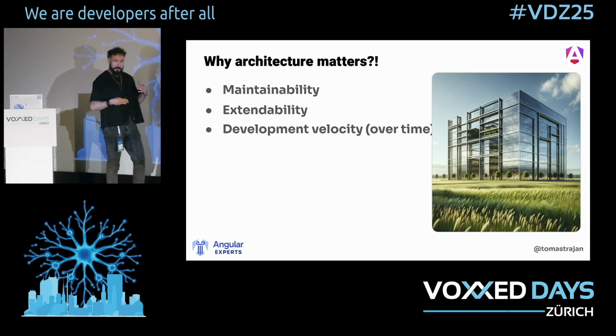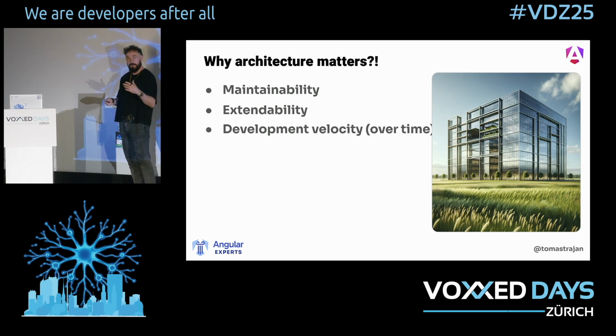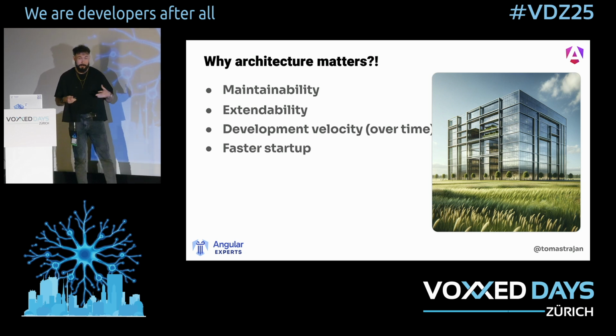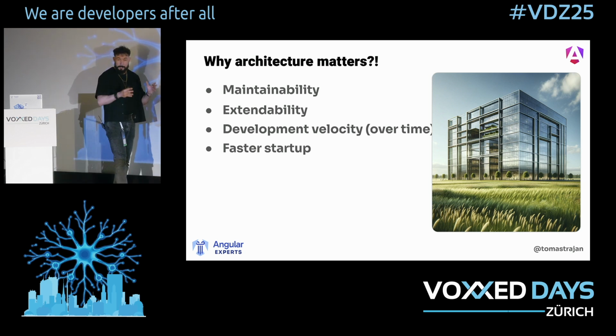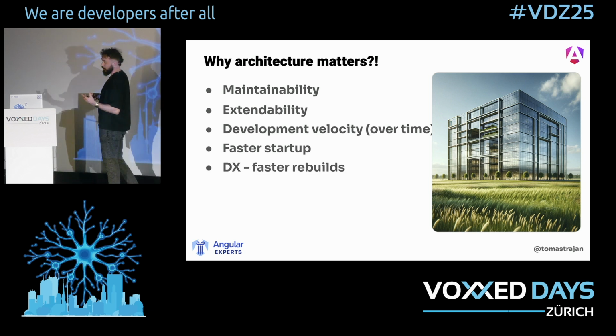If we can guarantee that our architecture stays clean, it will still be easy to add new features 3 years down the line, and not just in the first half year of the project. And of course, also for the users: if our architecture is clean, with a clean separation between the eagerly loaded and lazy loaded parts, then the users will benefit with faster startup time.